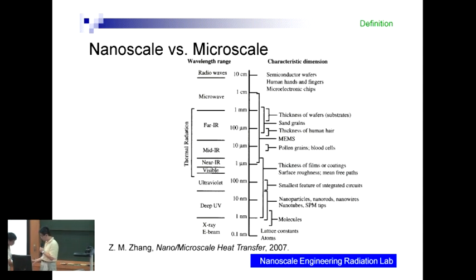And down to 1 centimeter, still the microwave range. And now you got the 1 millimeter, 100 micrometer, down to the nanometer. And you have the far infrared, mid infrared, near infrared, and visible. So if we put our focus on a nanometer, basically we are talking about wavelengths of ultraviolet, and even deep ultraviolet, and X-ray, because here is the nanometer scale.